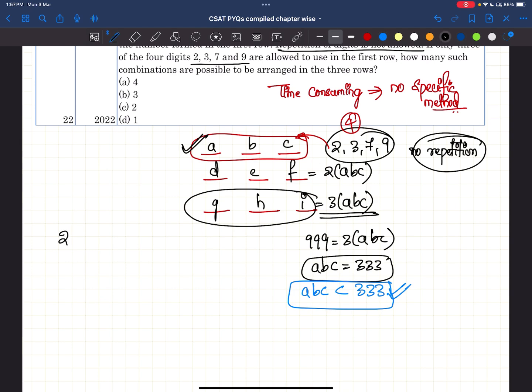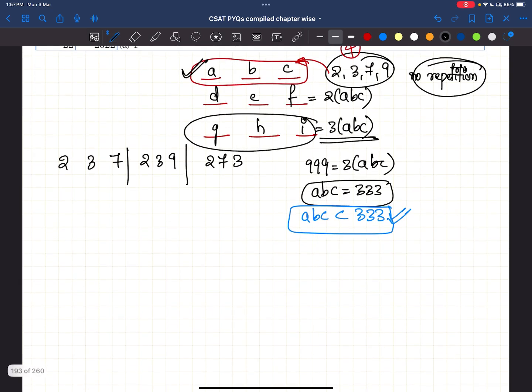So what are the possible numbers? 237, right? This is one possible number. Next 239, this is one possible number. Next 273, this is one possible number. Next 279, this is one possible number. 293, right? Next 297.